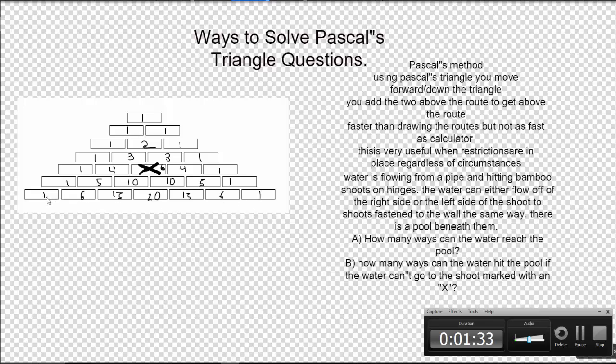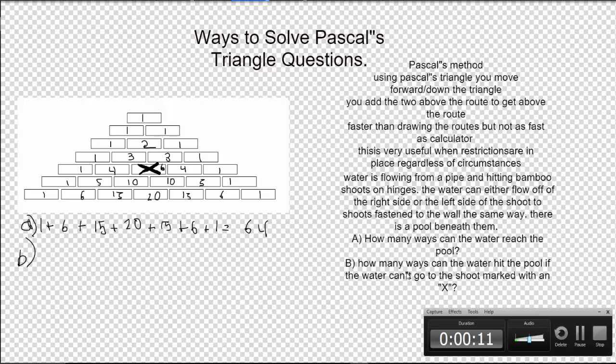So I'm going to add the bottom ones all together. So 1 plus 6 plus 15 plus 20 plus 15 plus 6 plus 1 equals 64 total ways. So that's question number A.